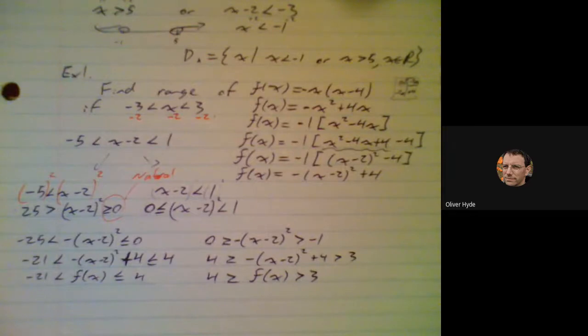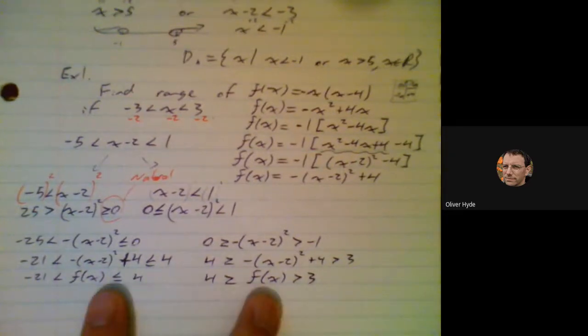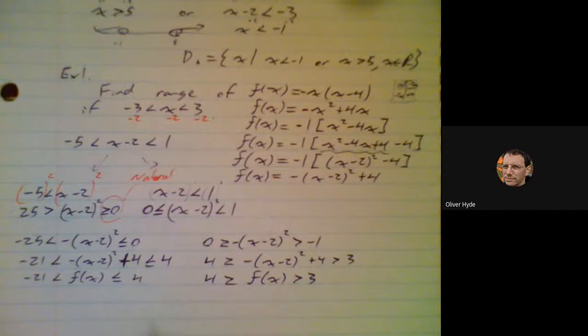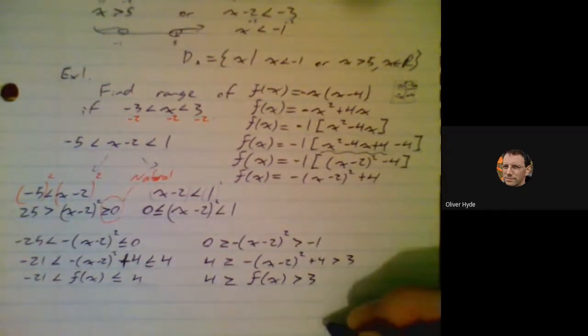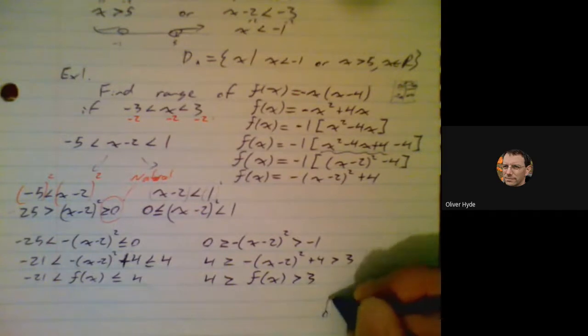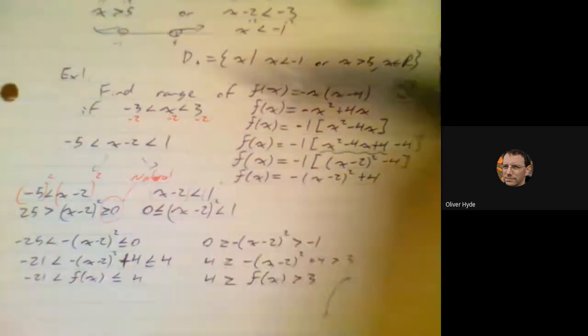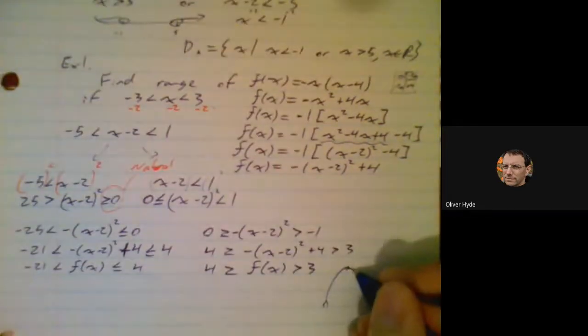Okay, now I look at these 2 inequalities. This is basically saying the right-hand side of this parabola has a maximum of 4 and a minimum of 3. But the left-hand side of this parabola has a maximum of 4 and a minimum of negative 21. Graphically, I'm trying not to sketch this because, I mean, if you're going to sketch it, you might as well solve the entire problem by sketching, right?